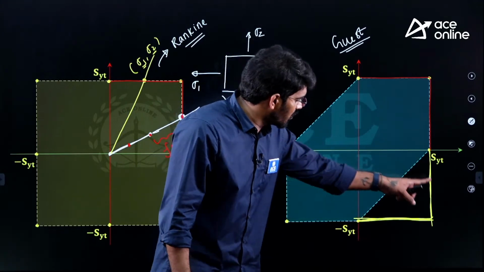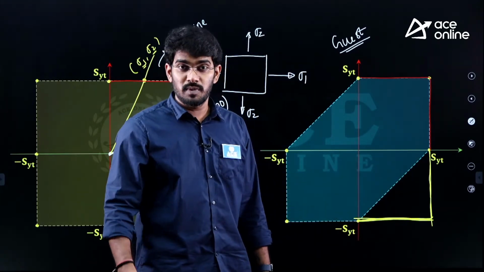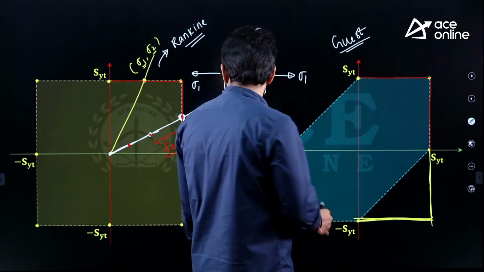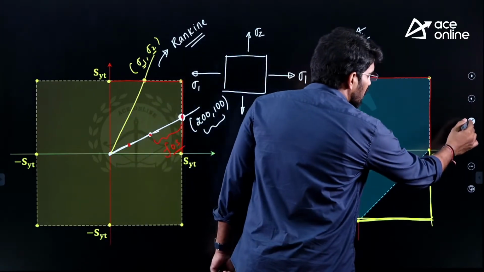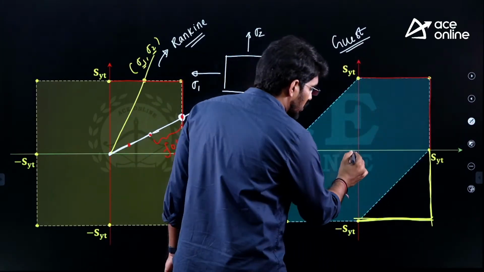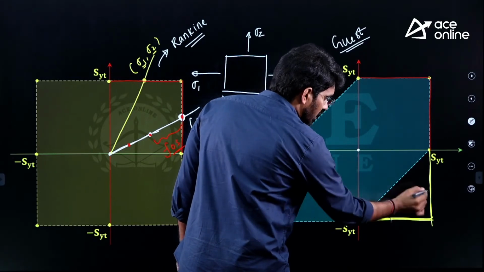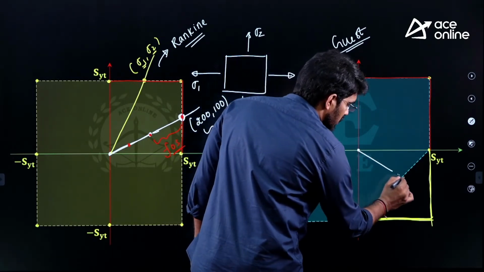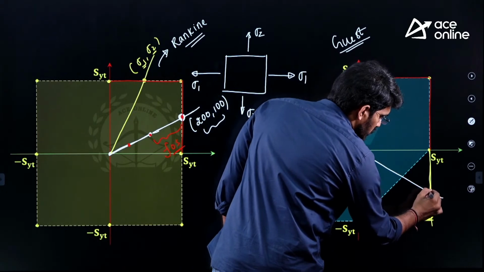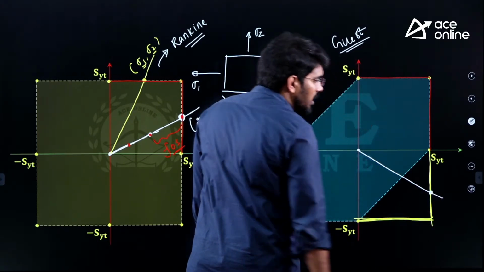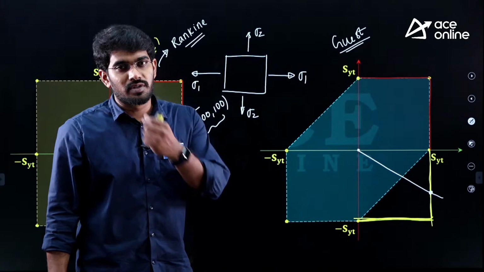This is the boundary of the maximum principal stress theory, which means he says that if you are loading the particle under combined loading, you are entering into this region. Let me assume that it says you can go up to this position. After this position, he says that the particle reaches failure.